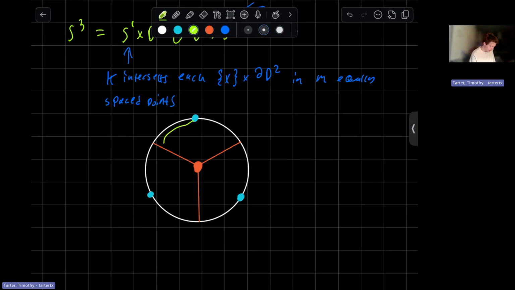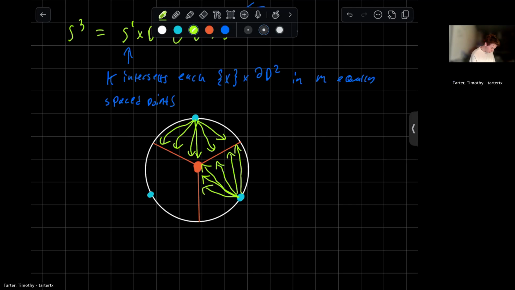And so each K has these m points separated by a union of m radial line segments, which are the orange things.